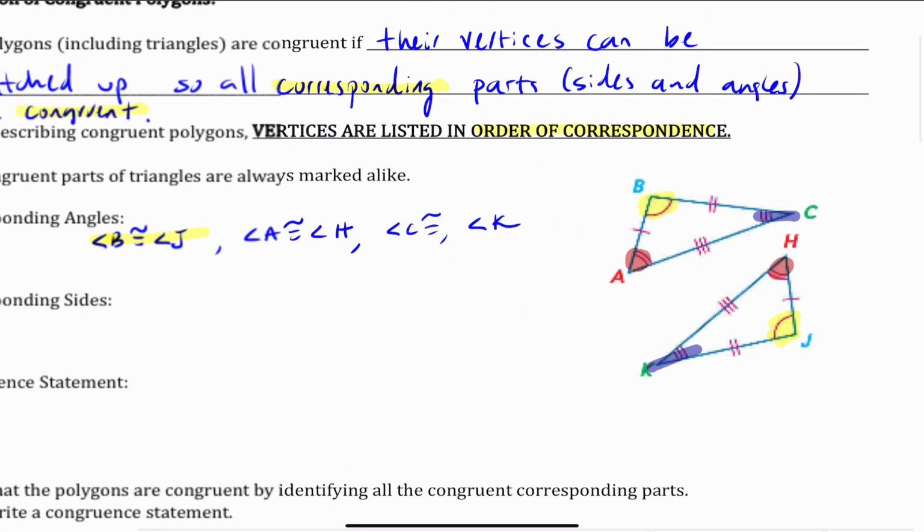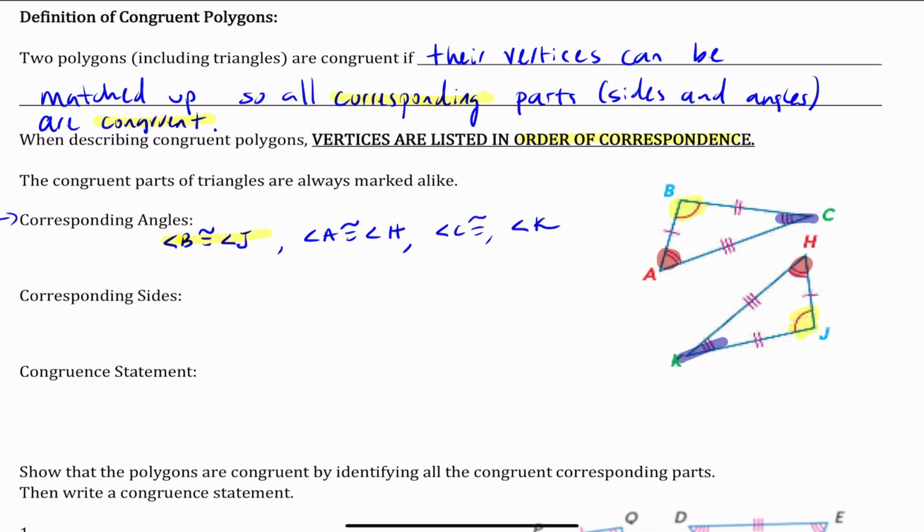I'm just going to write that down. We say that segment AB is congruent to segment HJ.